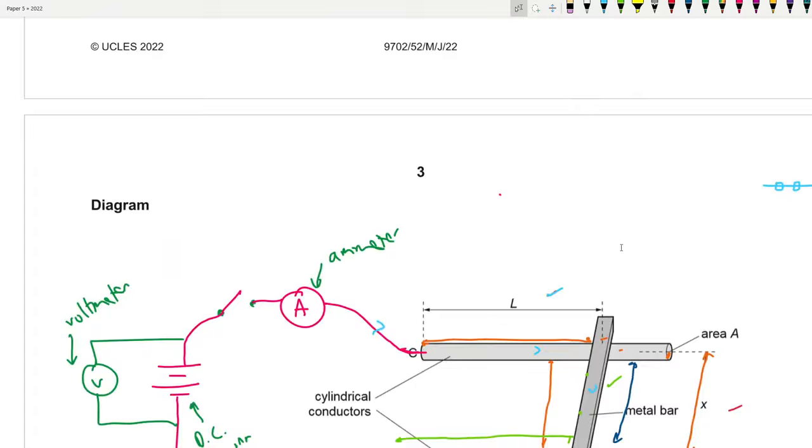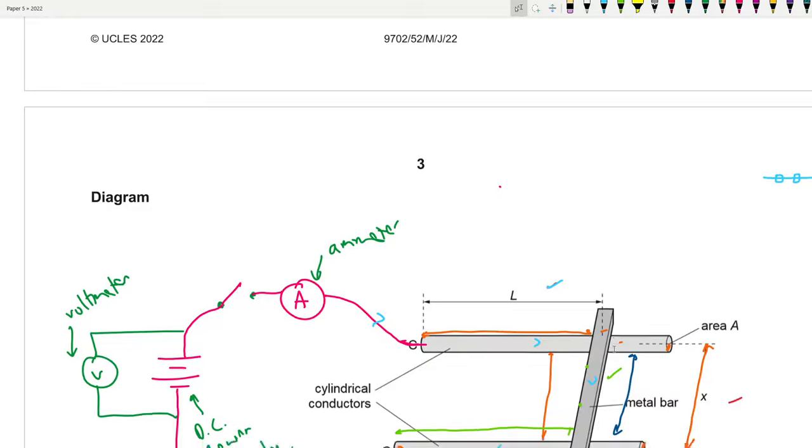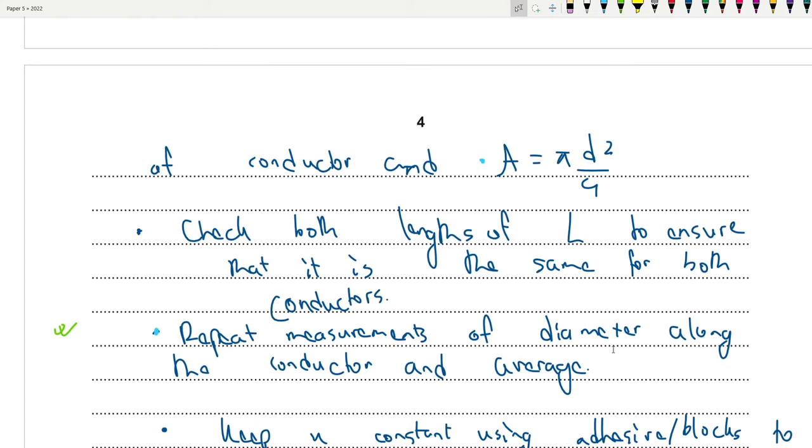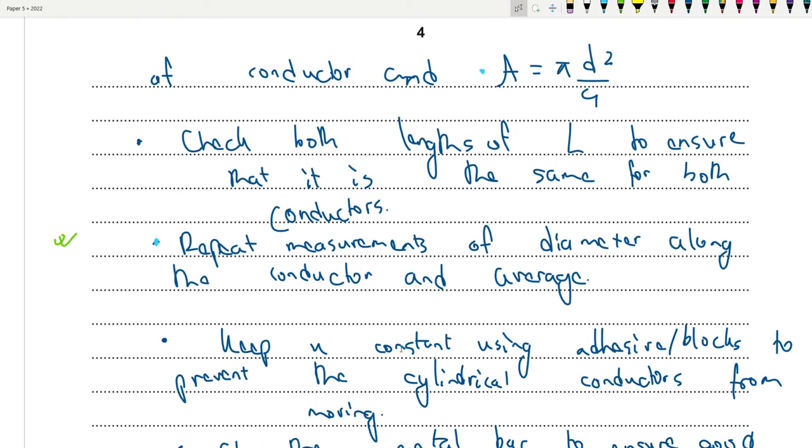So remember, I told you that this is a circular object, so it tends to move. So what can we do? To make sure that it's in place, what can we do? We can use an adhesive to prevent the cylindrical conductors from moving. That's a point. Keep x constant.